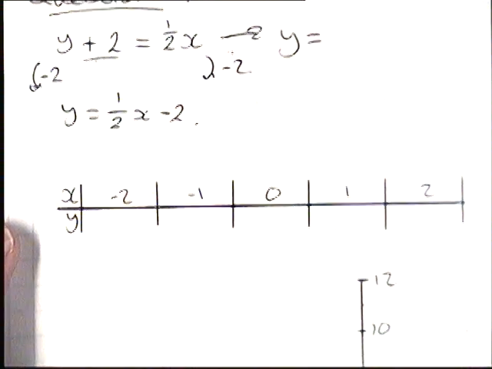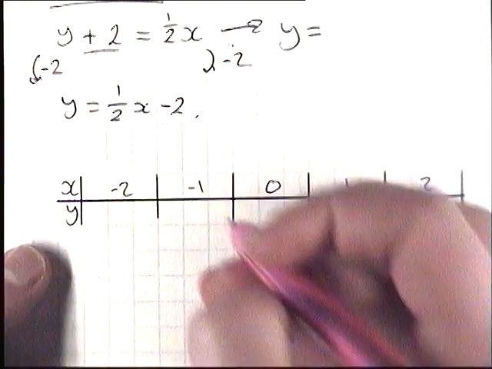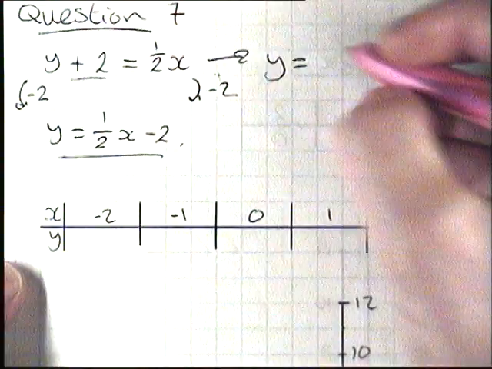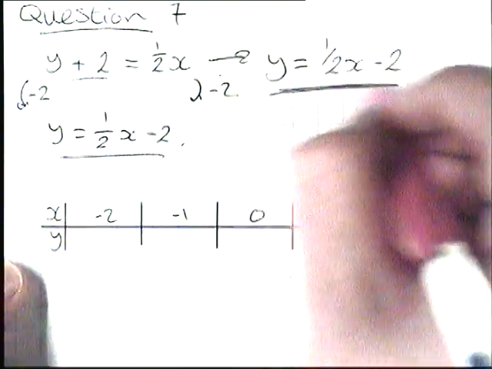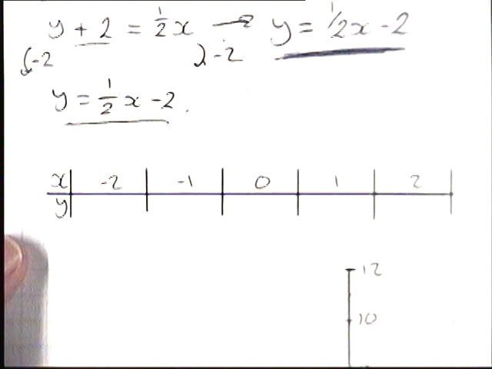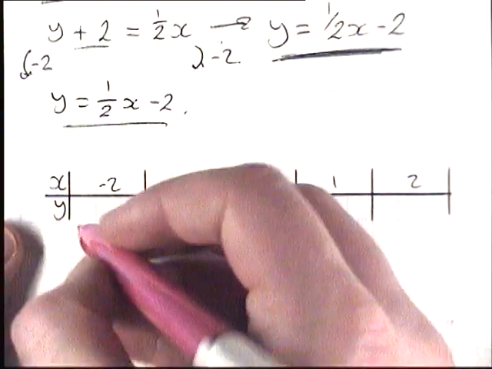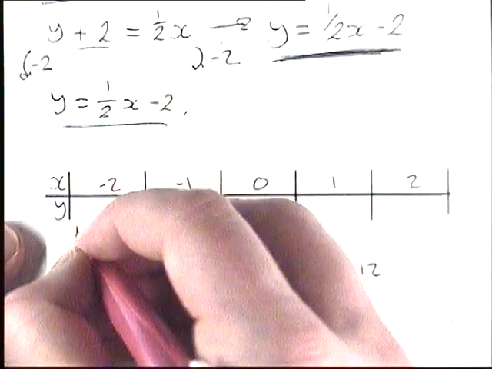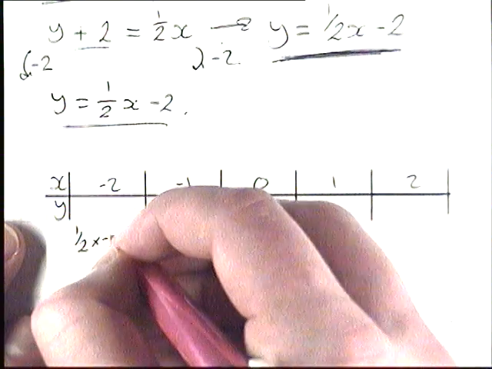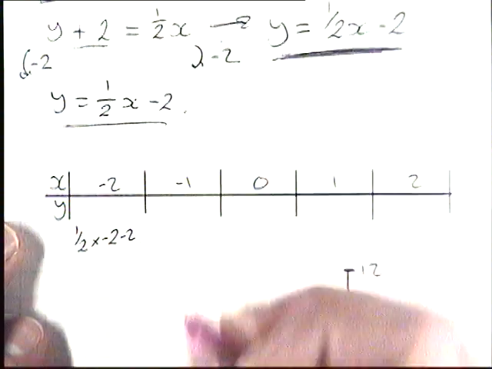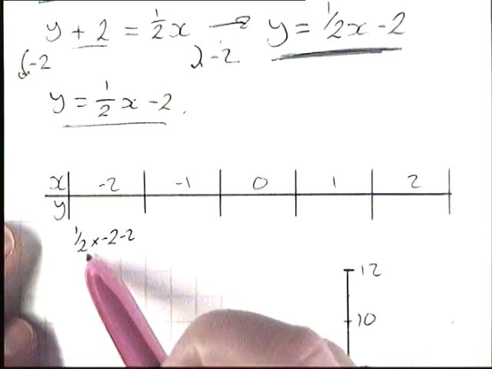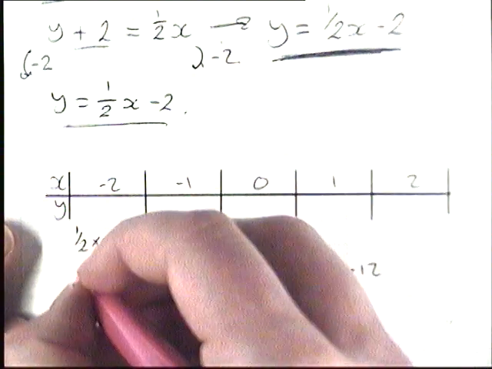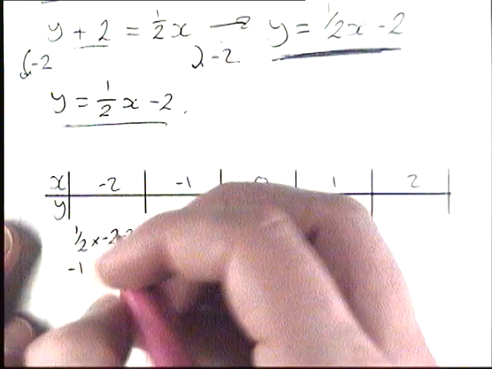Now we can substitute into our equation, because this is now the new one that we're going to use. So half x minus 2. So we've got -2 times a half, minus 2. So -2 times a half is -1.